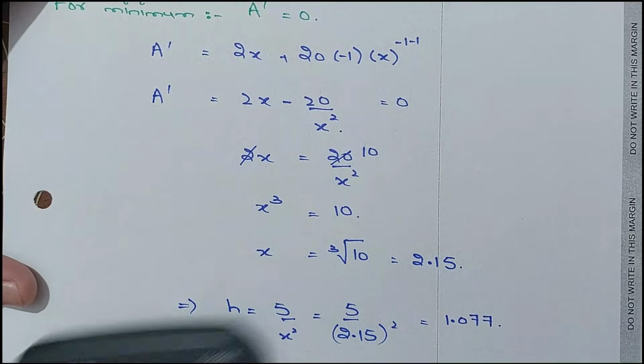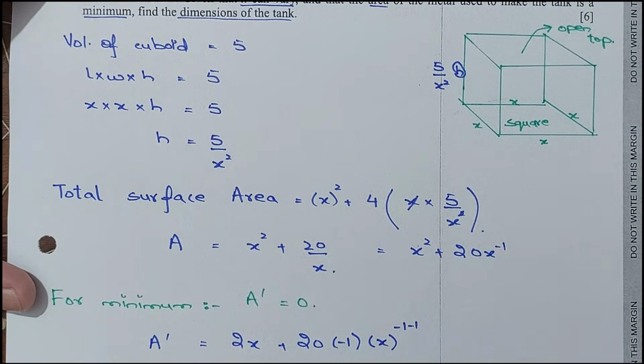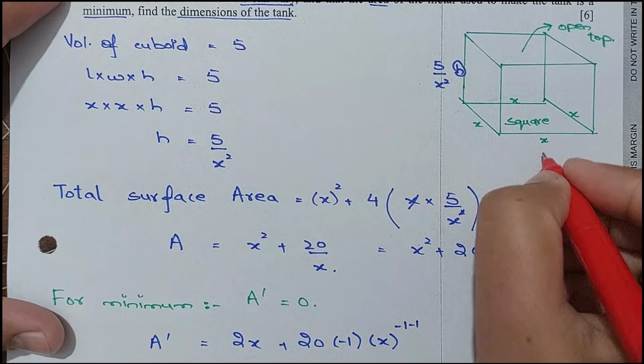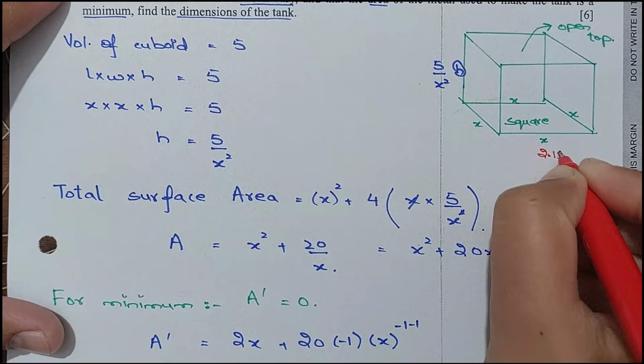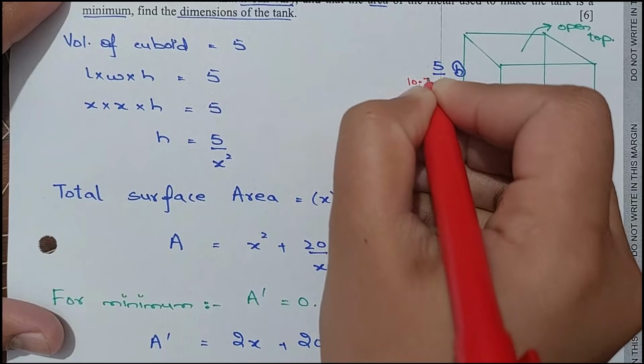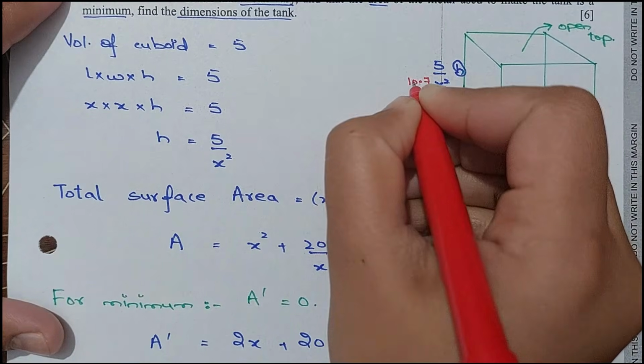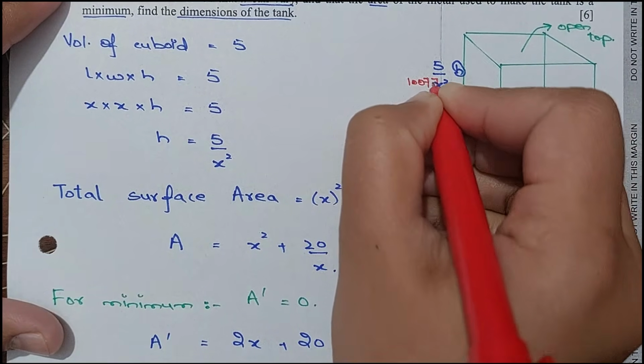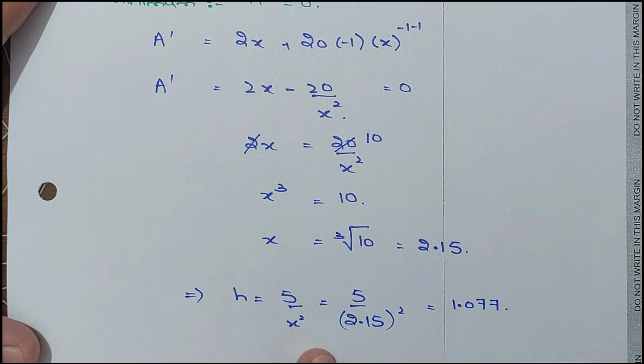So we can say the dimensions of the tank are this is 2.15, this is 2.15, this is 1.077. Yes, so these are the three dimensions.